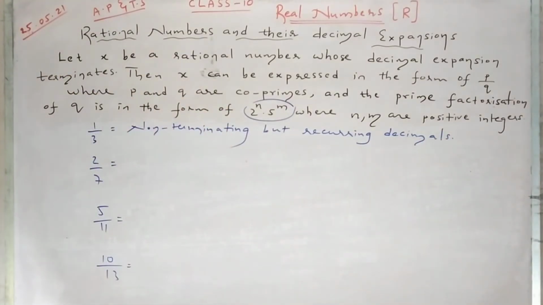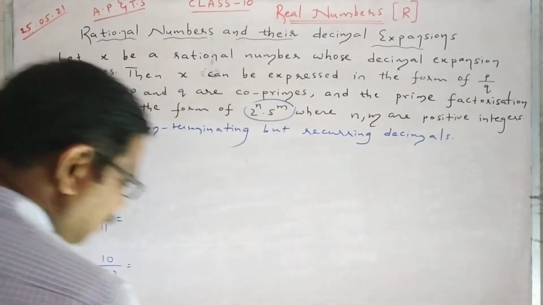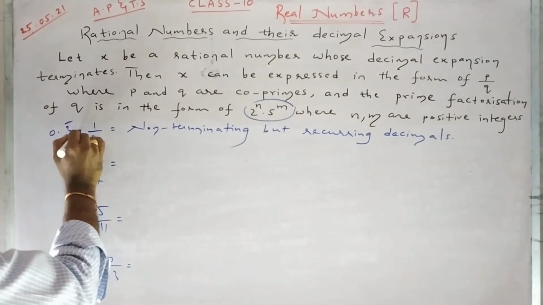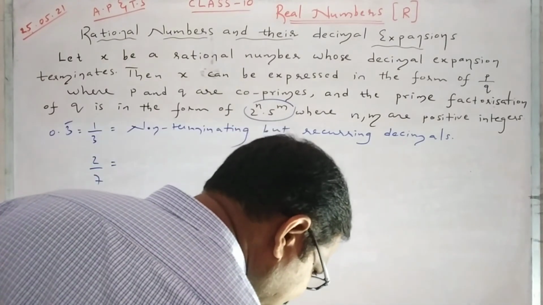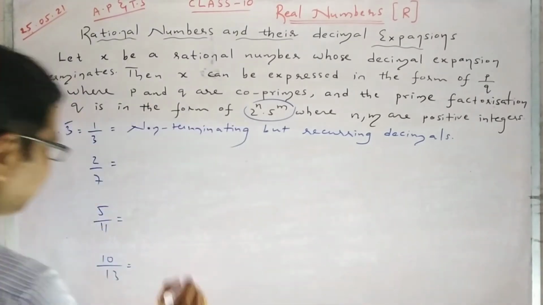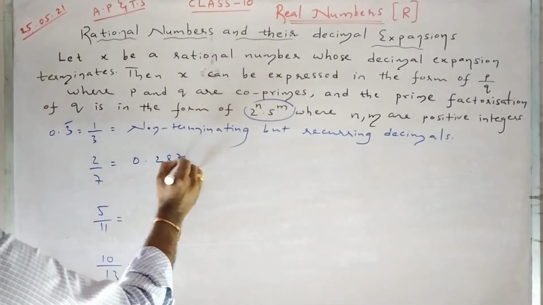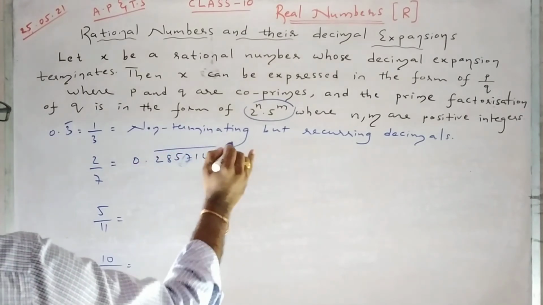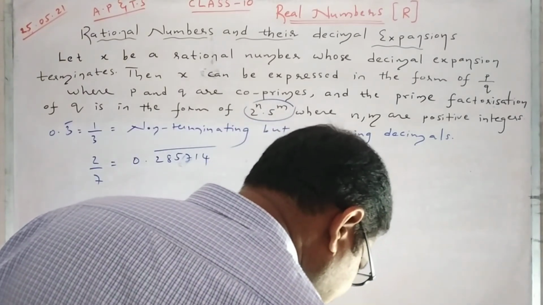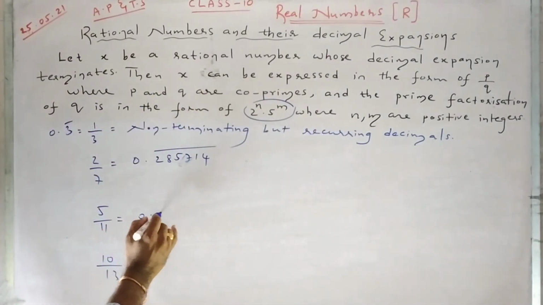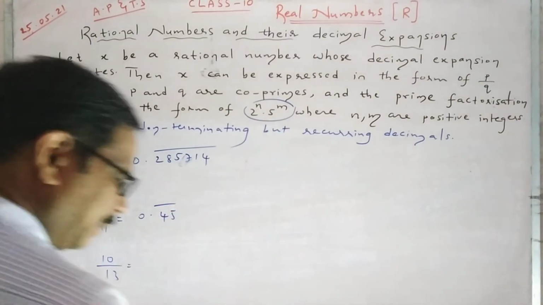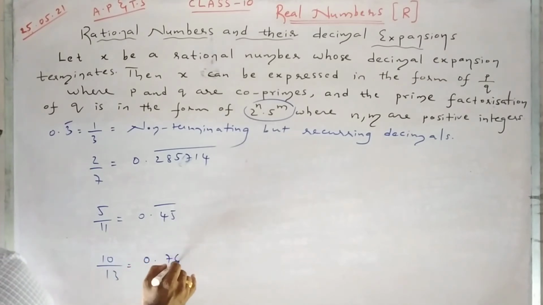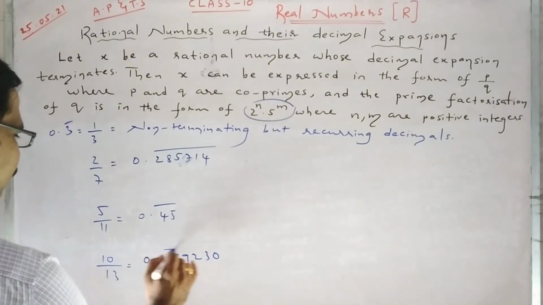1 by 3. Okay, divide 1 by 3, we will get 0.3333, so 0.3 bar. Dividing 2 by 7 we get 0.285714, and 285714 will be repeating. Next, 0.45, this will be 0.45 bar, repeating. And 0.769230 bar.